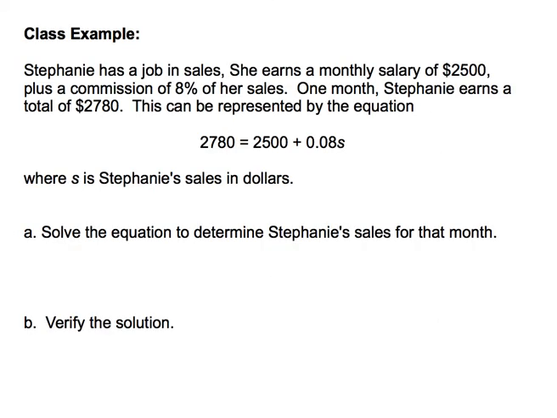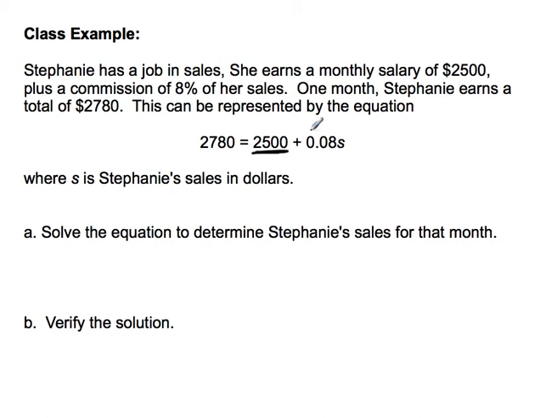Here we have another class example where it's a problem solving. Stephanie has a job in sales. She earns a monthly salary of $2,500. So there's your $2,500. And then for everything that she sells, she makes 8%. So if I convert that percent to a decimal, I'm going to get 0.08.